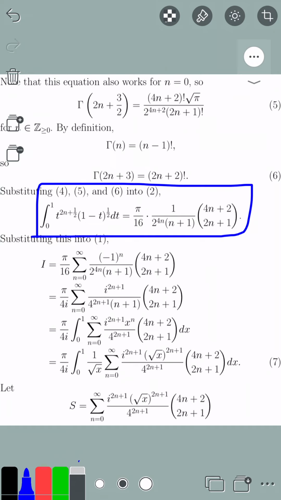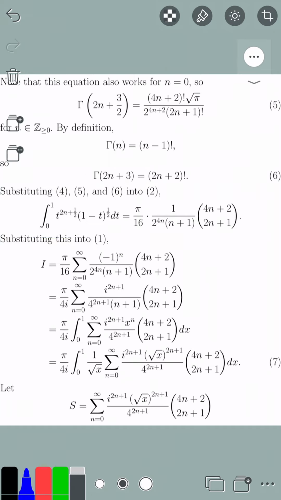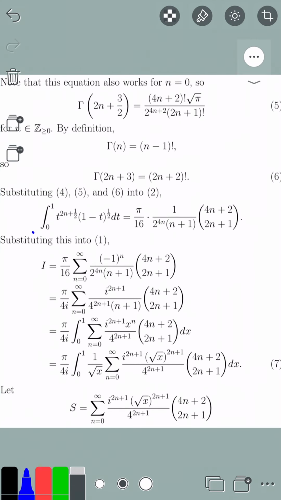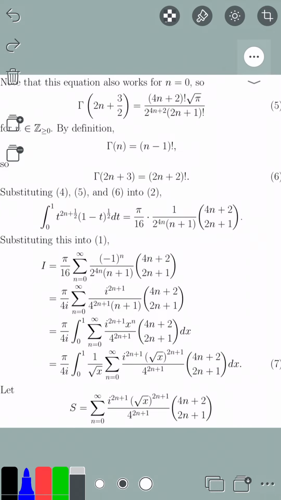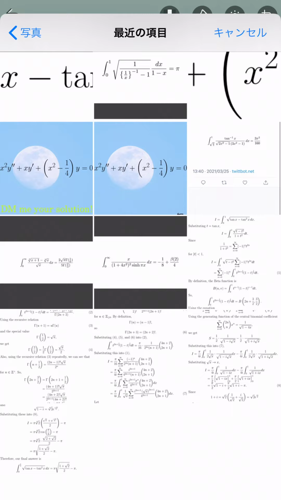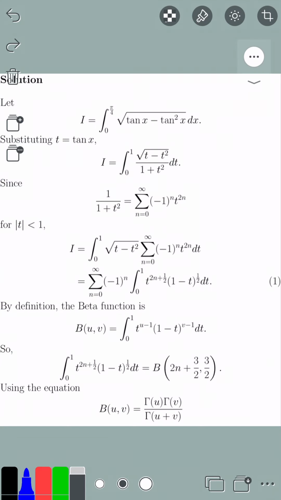Finally, we're getting close to the final answer. So we will substitute this result right here into the integral I that we're solving in this video. And so we will substitute that result into this equation here.